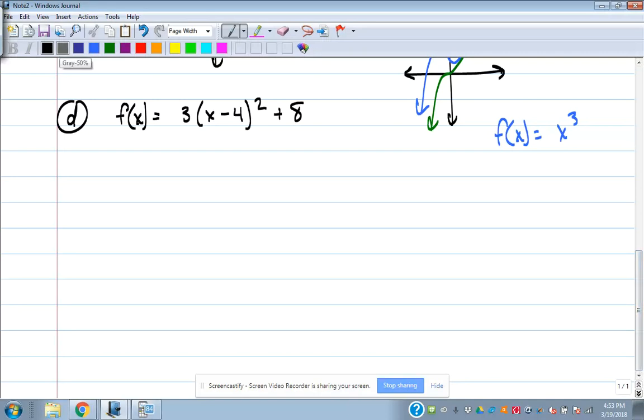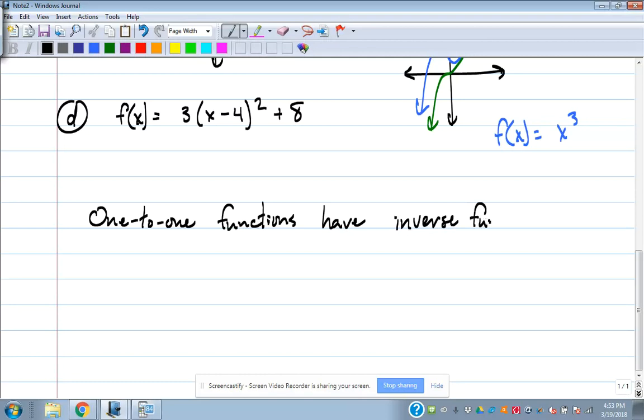Well, what good is a one-to-one function? One-to-one functions have inverse functions. That doesn't necessarily mean that functions that aren't one-to-one don't have inverses, but it means that their inverses aren't functions.